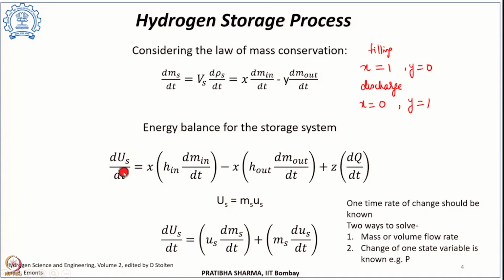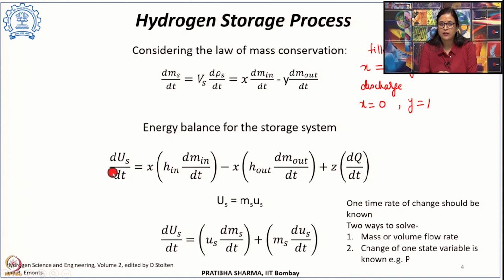The rate of change of the internal energy inside the storage unit, dUs upon dt, is given by x times the specific enthalpy entering the system times the mass flow rate entering the system, minus y times the specific enthalpy leaving times the rate of change of mass that is leaving the system, plus another coefficient z times the rate of heat exchange, dq by dt.